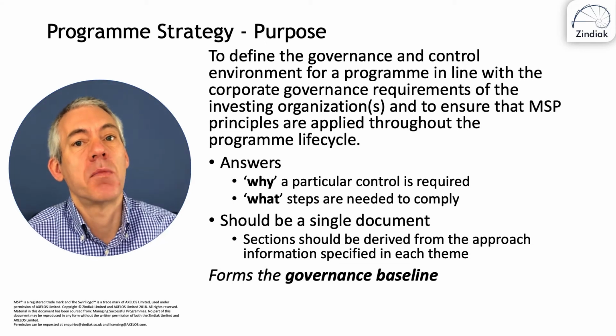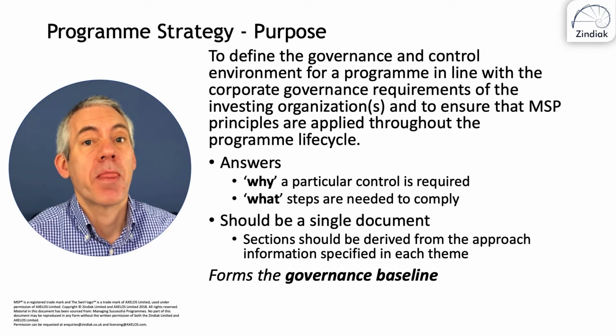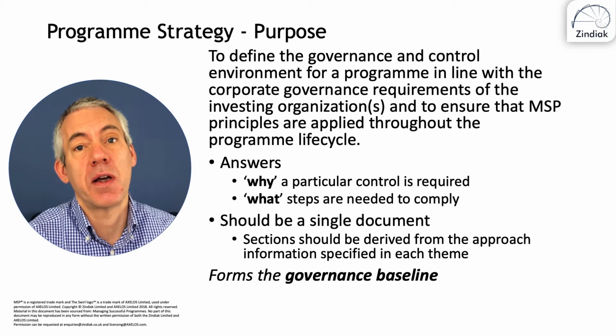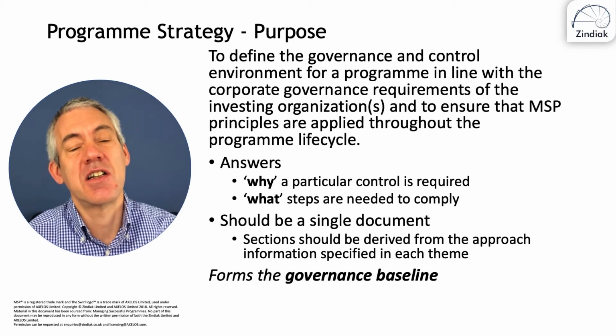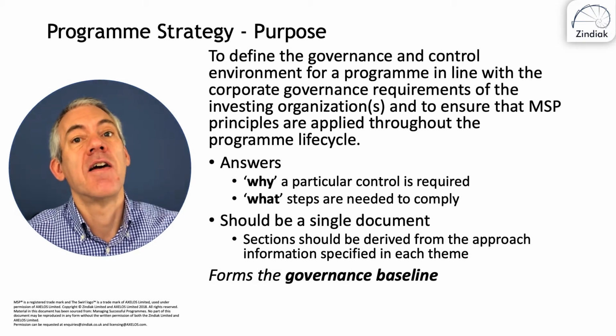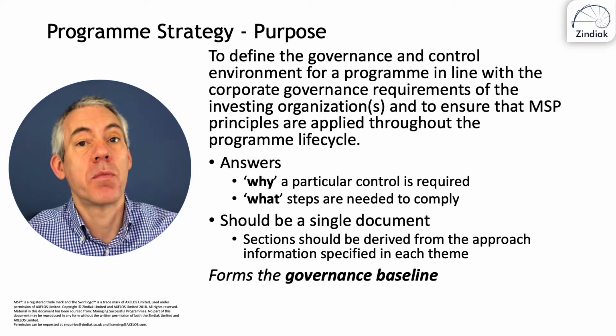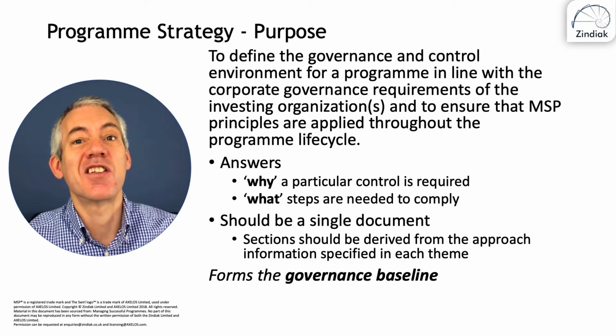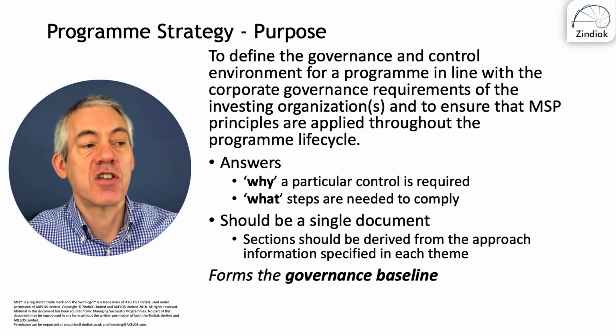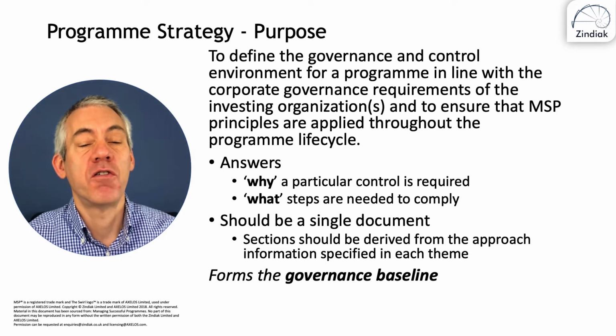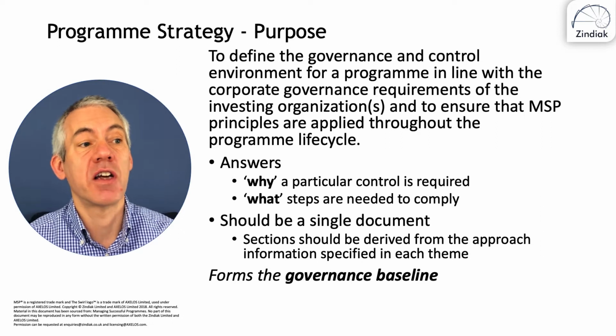It's rather similar to the changes made with Prince 2 between 5th edition and 6th edition, recognizing the context of where the project sits or where the program sits, that we're not starting from scratch when we create our program strategy. In this instance, we are starting from a position of existing corporate governance requirements for the organizations we're delivering on behalf of.